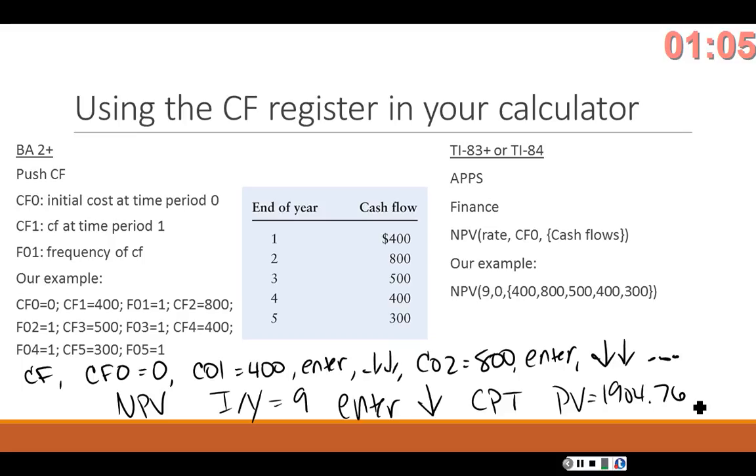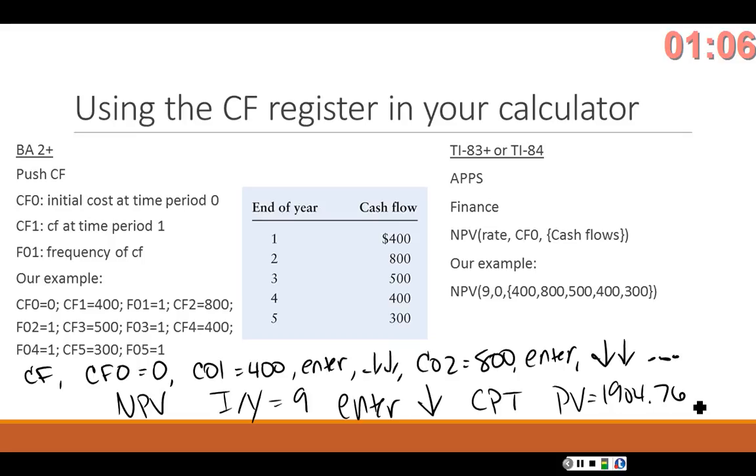Push Enter when your cursor is on top of NPV. And you enter first your interest rate as a whole number, so 9, comma, your cash flow at time period 0, which is 0, comma, and you have to enter the commas, then braces, and you enter your cash flows separated by commas. So 400, comma, 800, comma, 500, comma, 400, comma, 300, close braces, close parentheses, and enter. And you should get the same answer.